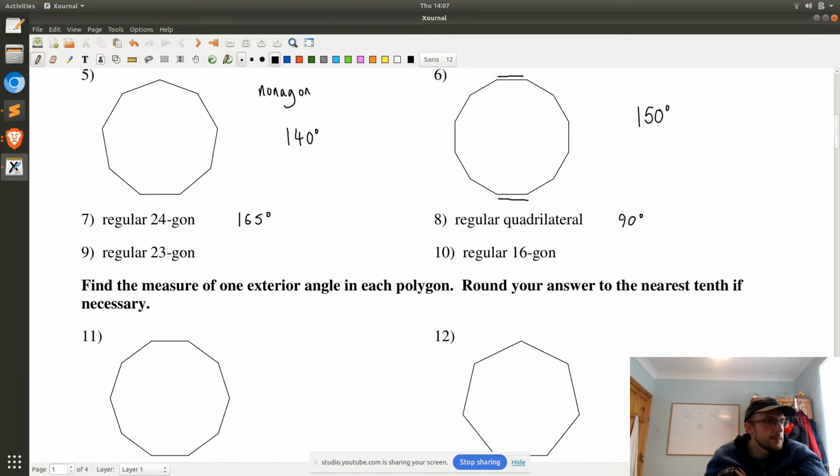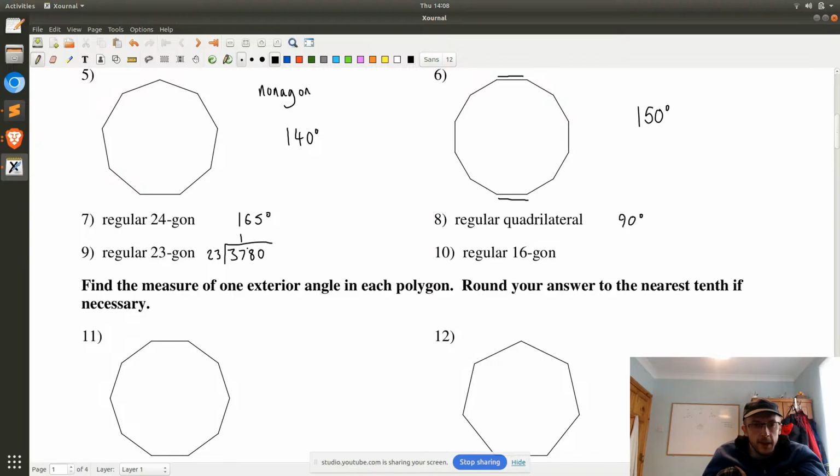164. I'm gonna guess 164. No, that's not right. Don't guess. 21 times 180, and divide by 23.